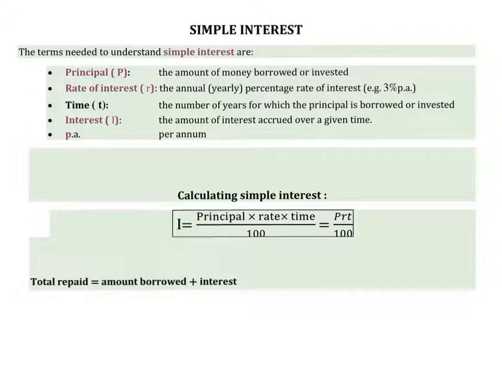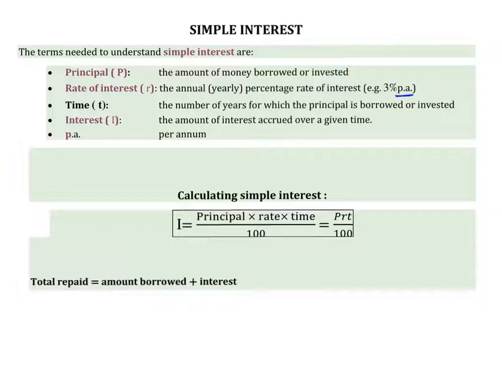Some of the terms that we need to know before we start using the formula is principal, which is the amount that you borrow or the amount that you invest, depending on which way you go. And we call that P, the rate of interest, R, and that's per annum, PA, which is per year.